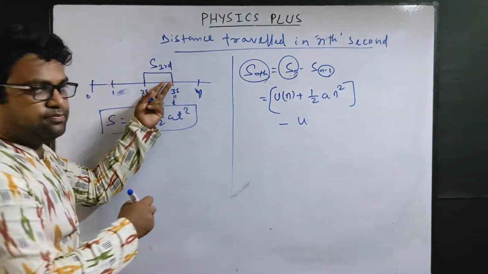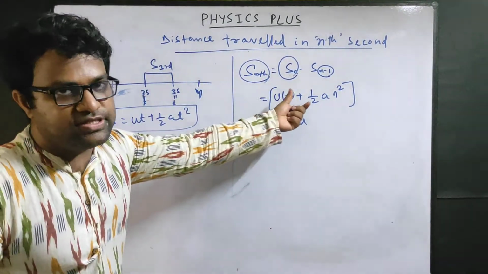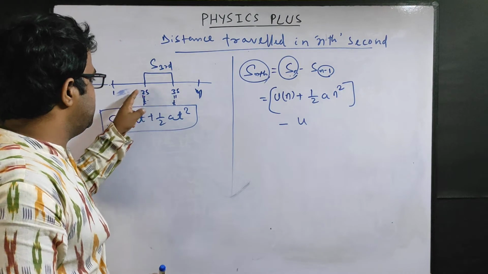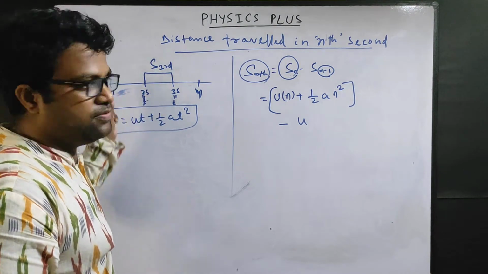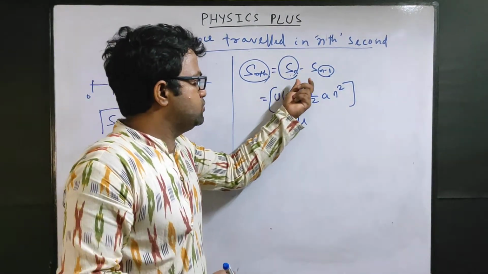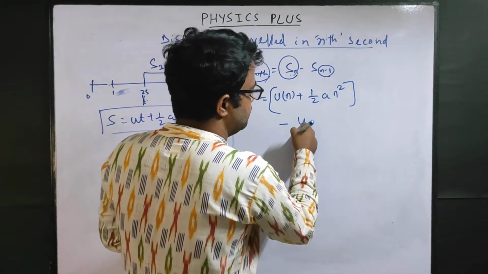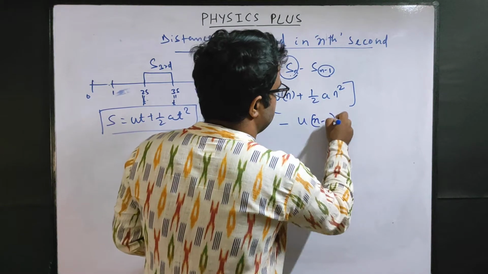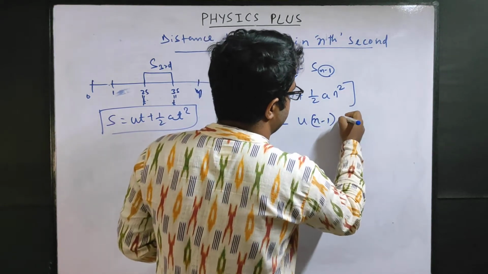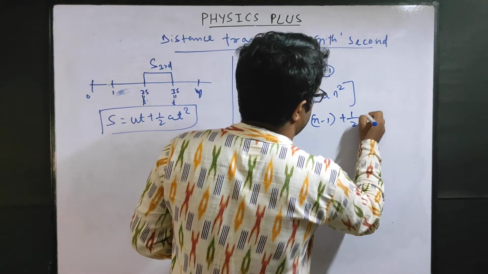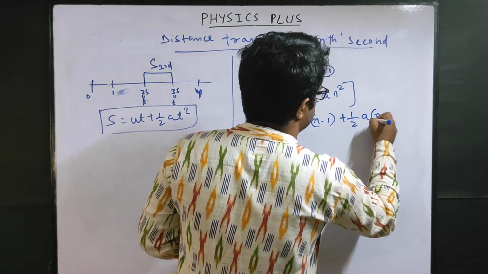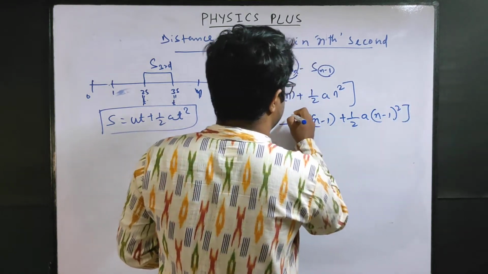For example, compare with the example: in this example it is 2, the previous time. So when the time is n minus 1, it will be u times n minus 1, plus half a times n minus 1 whole square.